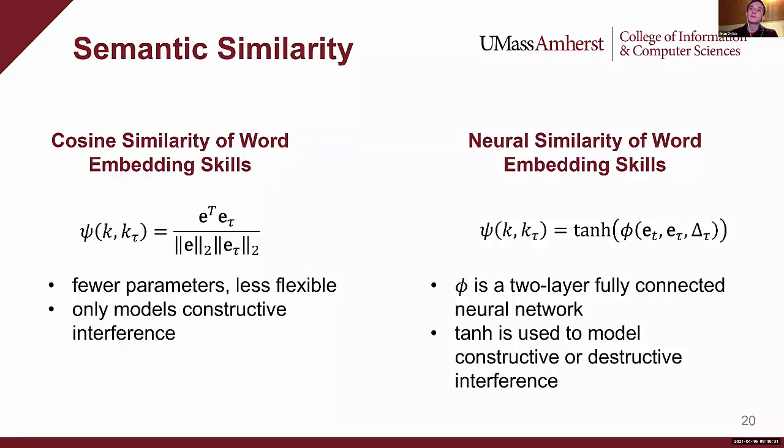So we introduce a neural network and create a neural similarity function. This is more flexible because it decouples the language modeling and memory settings. And we use a tanh activation function so that it can model both constructive and destructive interference.